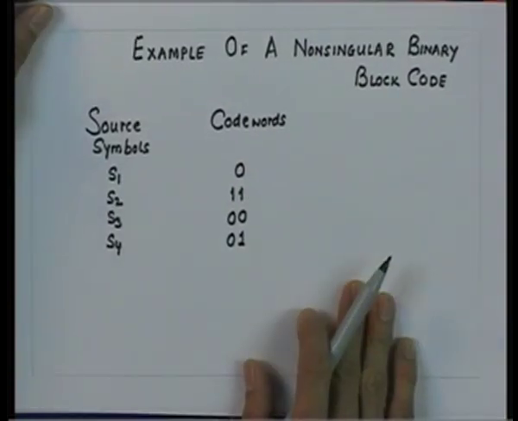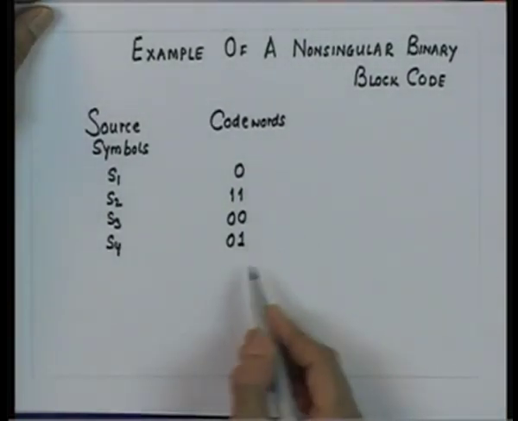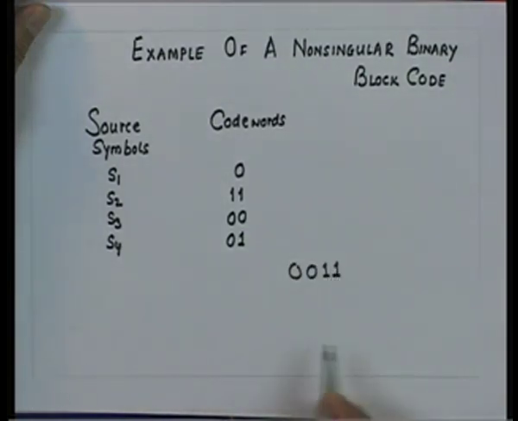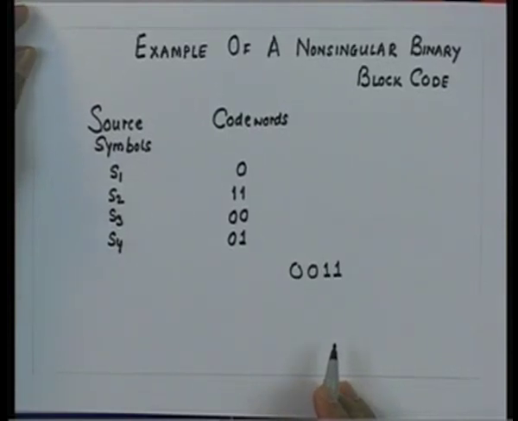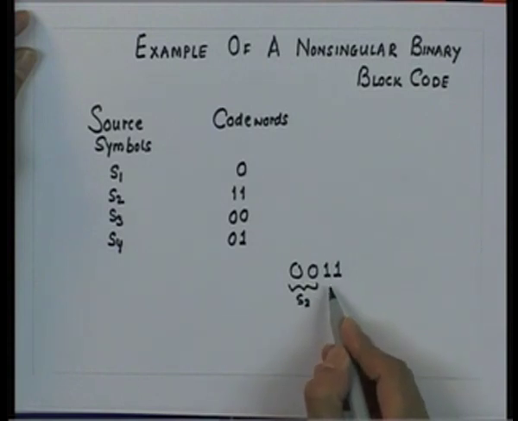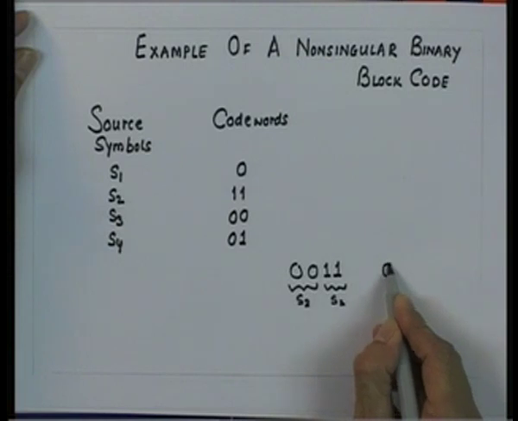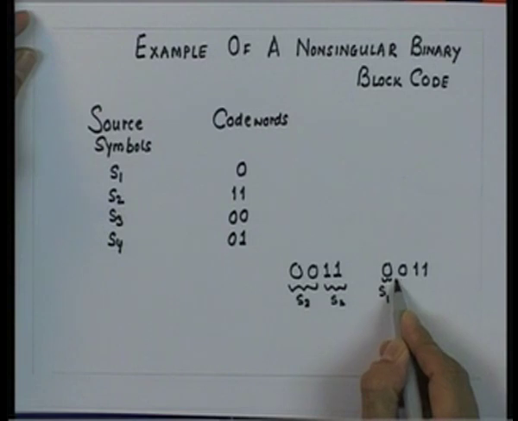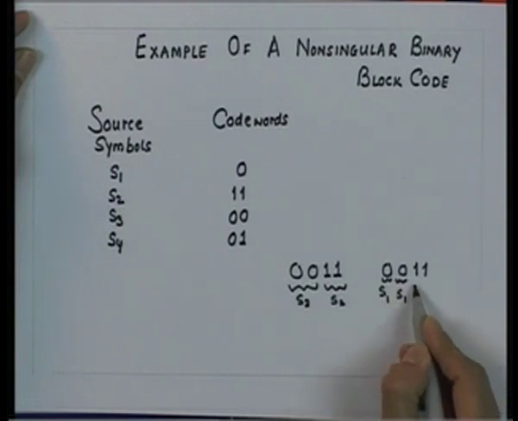Take a simple example. If I were to receive a sequence 0 0 1 1, then when I receive this sequence, I can decode this sequence as S3, S2, or I could decode this sequence as S1 followed by S1 followed by S2.